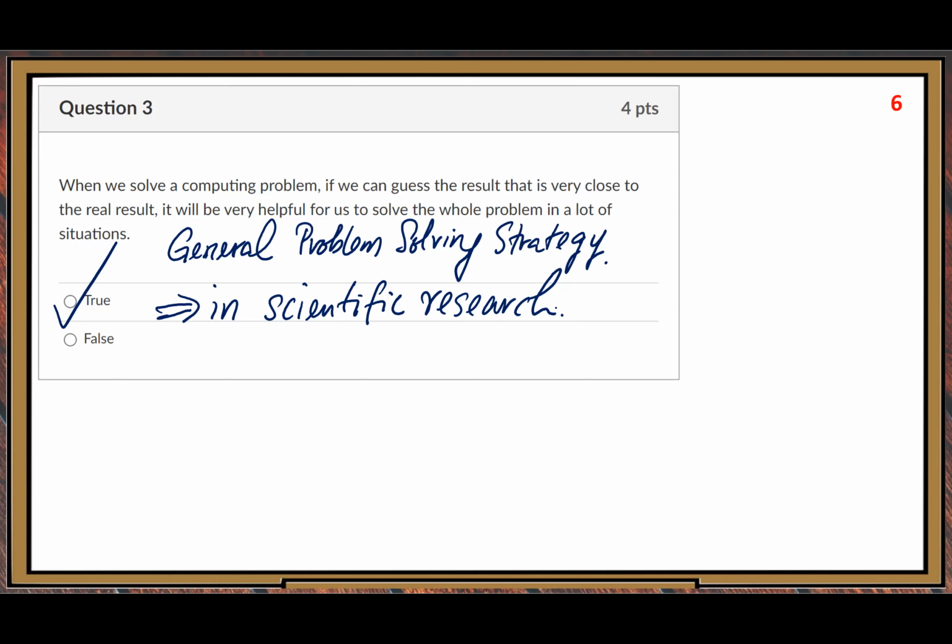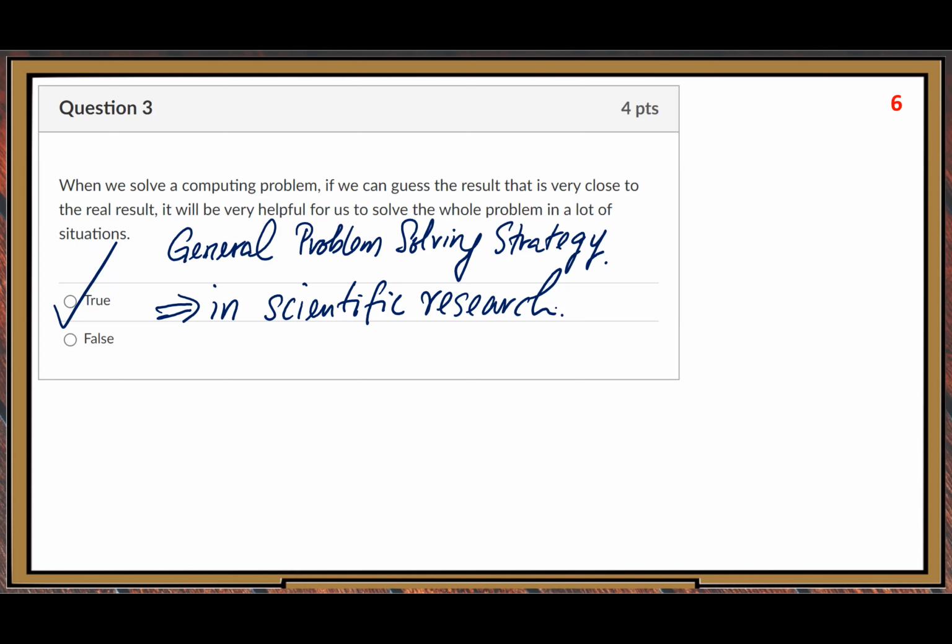But in this class, we have some experience for that part. I hope that in the future, in your real world problem solving, you may have a good chance to apply this strategy to solve your new problems.